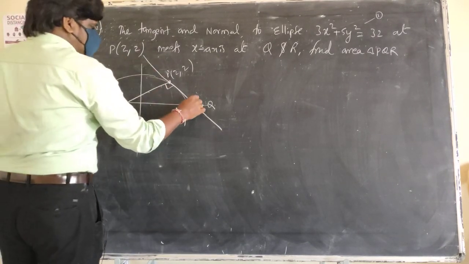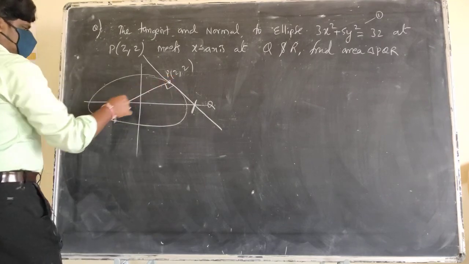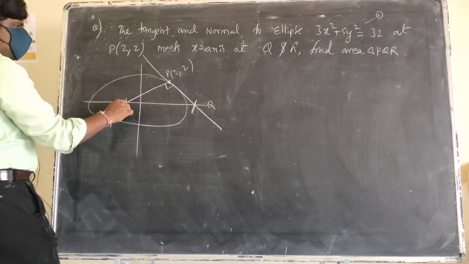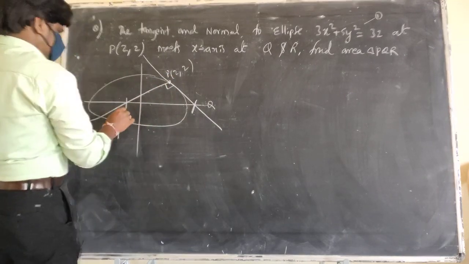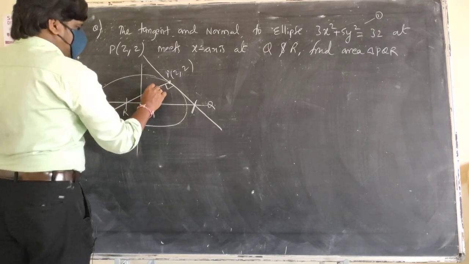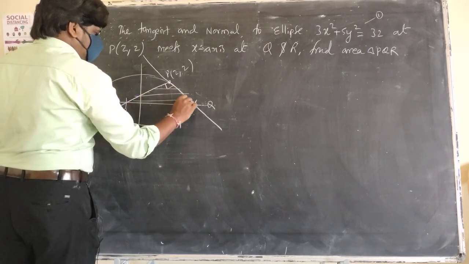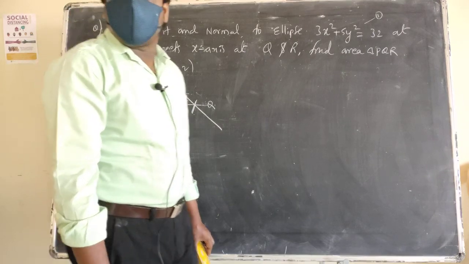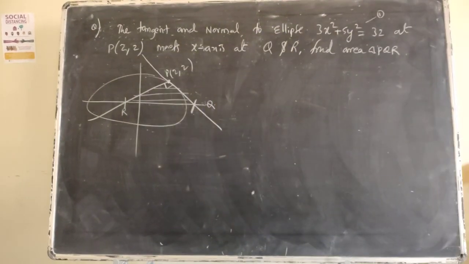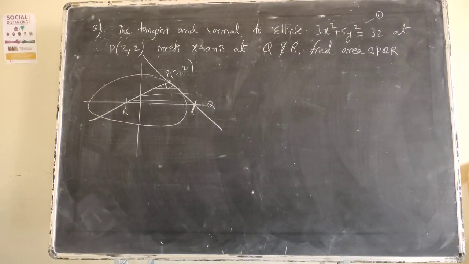The tangent cuts the x-axis at Q, and the normal cuts the x-axis at R. Then he is asking for the area of this triangle. Is the question clear?